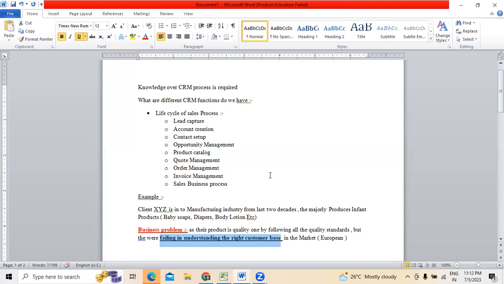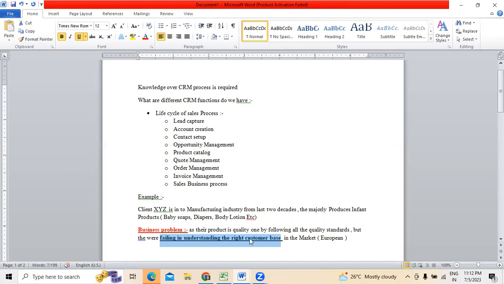So they were unable to identify the right customer base to sell the products, especially in the European market. Assume that earlier they were in the Asian market and doing very good business there. Now they have entered the European market, but they failed in understanding it in reference to the products I have mentioned so far.